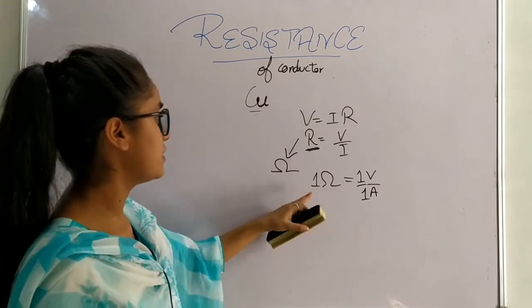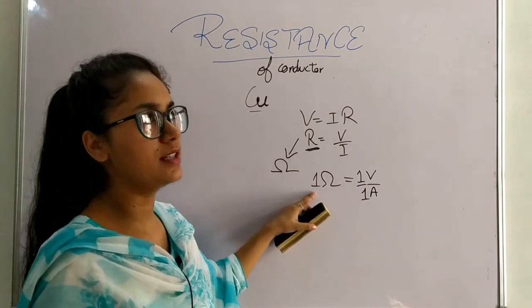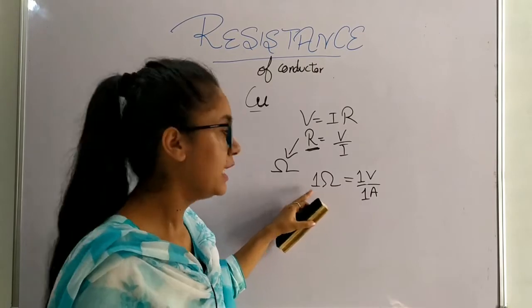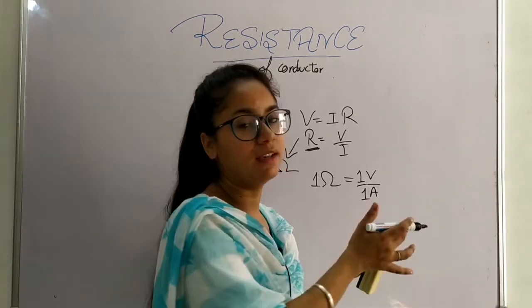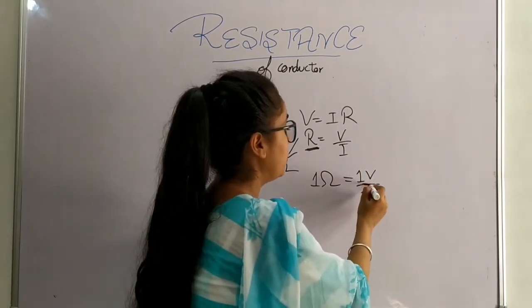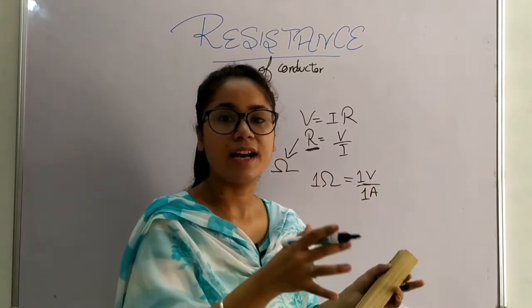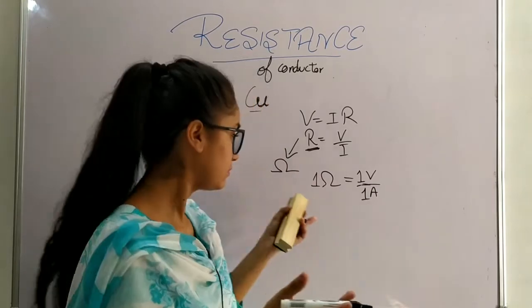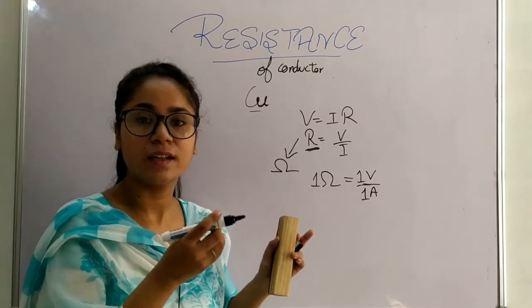So the resistance of a conductor is considered as 1 ohm if 1 ampere current is flowing through the circuit and 1 volt of potential difference is applied across its ends. This is how we define 1 ohm.